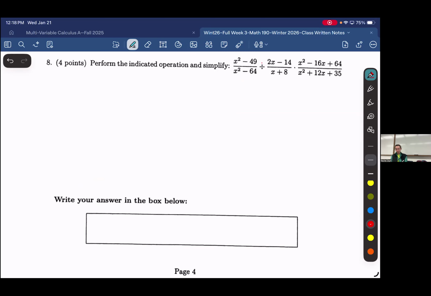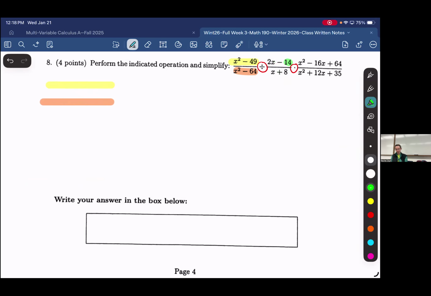So we have division, we have multiplication. Multiplication, straight through. Division, you end up flipping. Let's first start off with pulling out a GCF or identifying some special factor formulas. So maybe like sum and difference. I see a sum and difference here. I see another sum and difference over here.